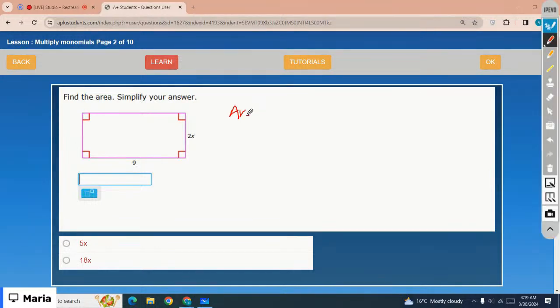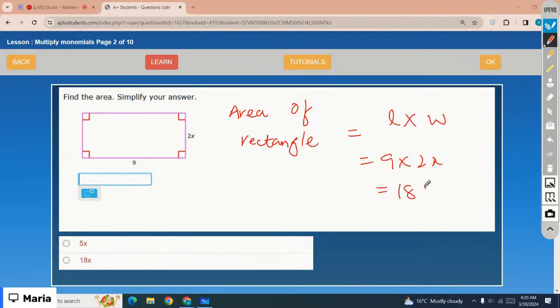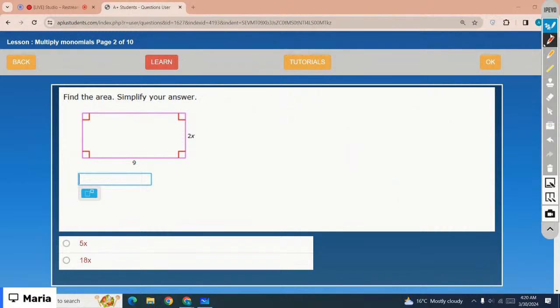Area of rectangle is length times width. So the length is 9, the width is 2x, so that means 9 times 2 is 18. So the correct option is 18x. Option number 2 is the correct option, right? That is 18x.